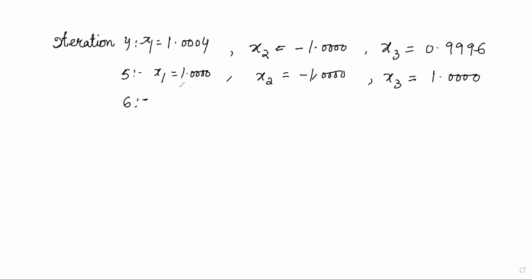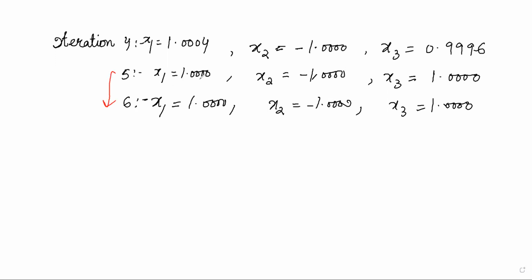With these values, start your iteration 6, and you will again find x1 will be 1.0000, x2 will be minus 1.0000, and x3 will be 1.0000. Checking from iteration 5 to iteration 6, all four significant digits are now remaining constant.